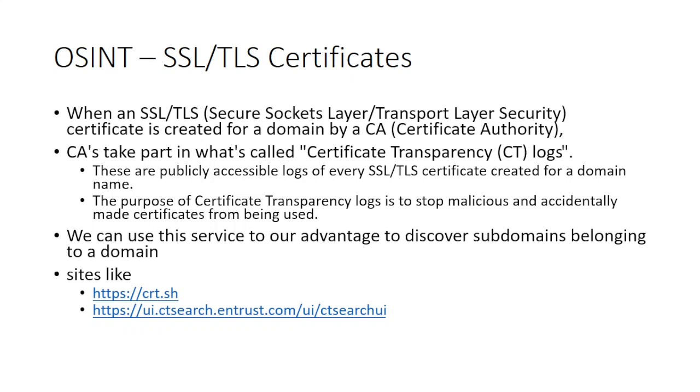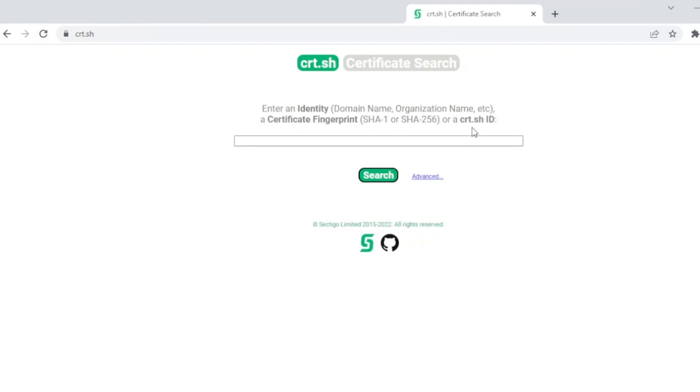Let's go over crt.sh and try to find the domain name tryhackme.com and see what we can find. So here we are on crt.sh, and let's search for tryhackme.com.